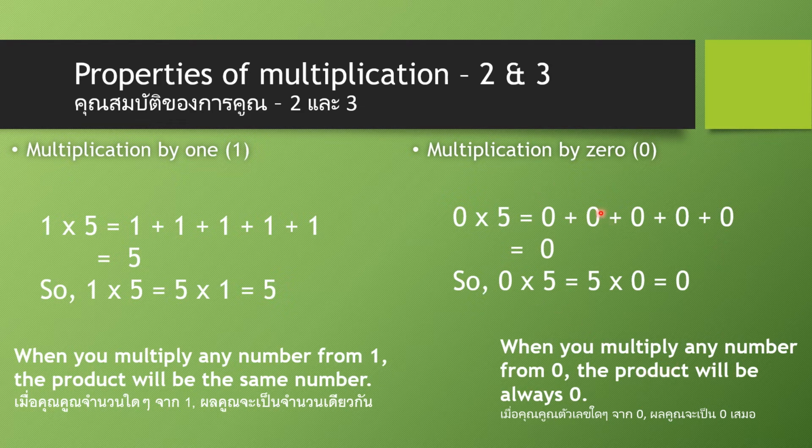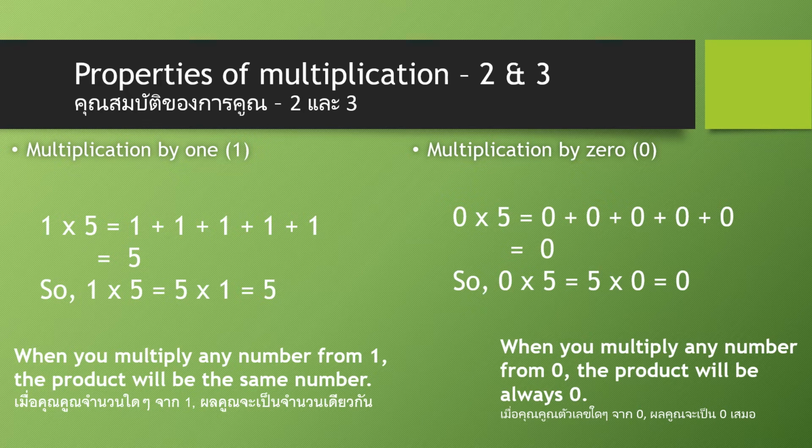It is 0. 0 plus 0 again 0. 0 plus 0 again 0. So what is the answer? It is 0. So we will check 3 times 0 equals 0 plus 0 plus 0. What is the answer? Again 0.